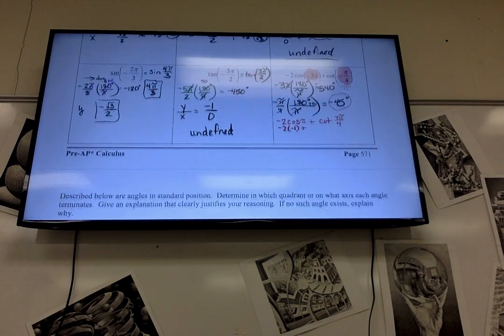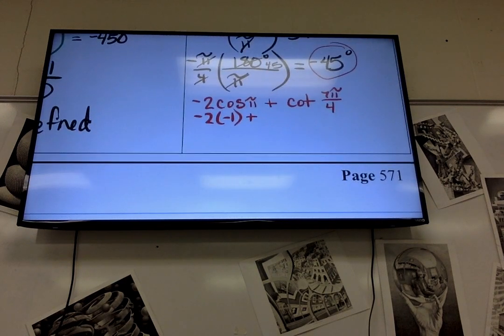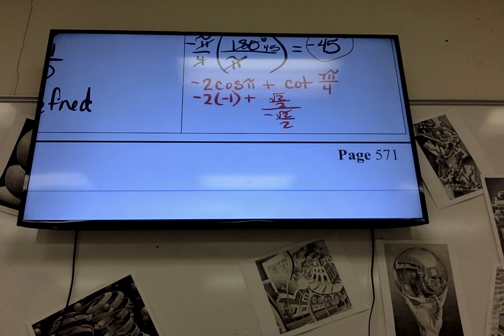So it's x over y. That is square root of 2 over 2 over negative square root of 2 over 2. Which is the exact same number on top and bottom. So that really just is 1. So you have positive 2, and then -1. All that just to get a 1.